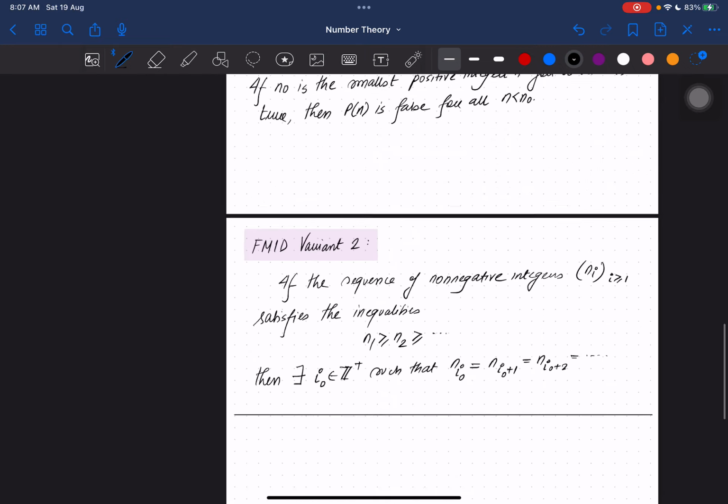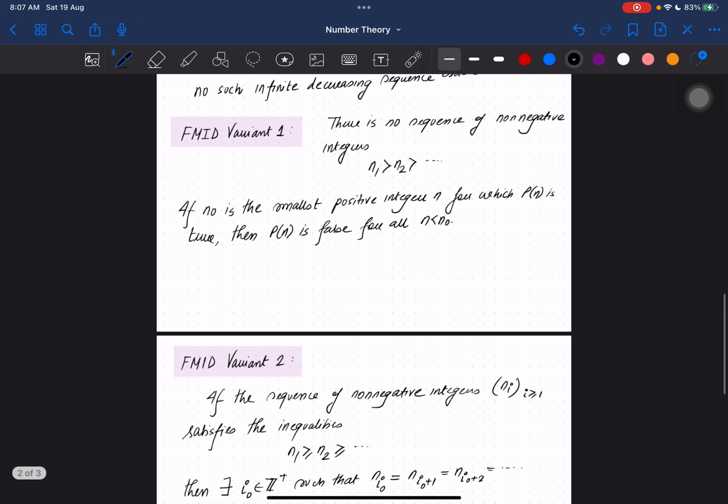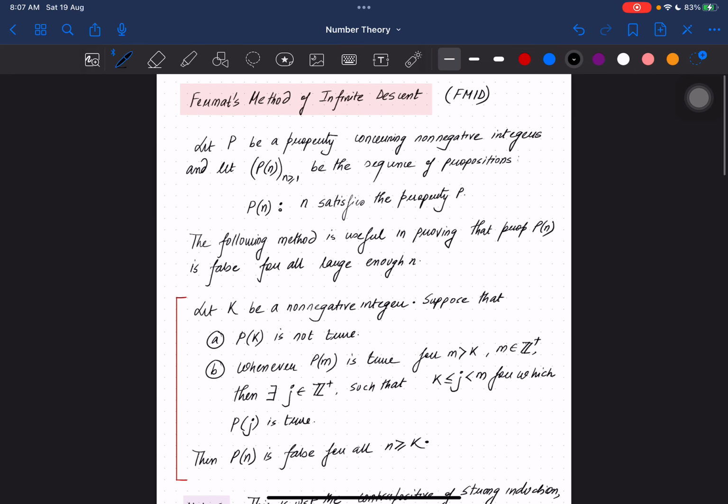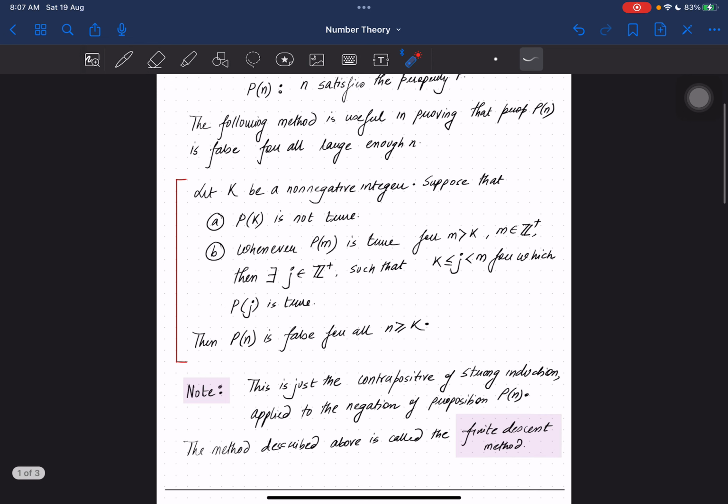So let us quickly recap what we learned. P is a property that only involves non-negative integers. Then we are considering a sequence where Pn denotes that n satisfies the property P. This is the finite descent method. k is a non-negative integer, and suppose that Pk is not true, and whenever Pm is true, I can find an integer j between k and m such that Pj is true.